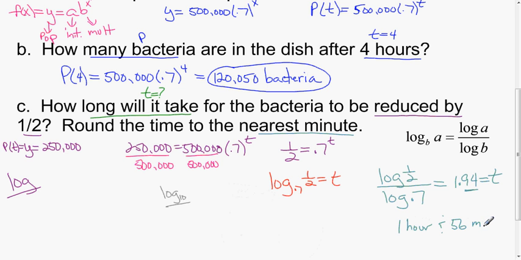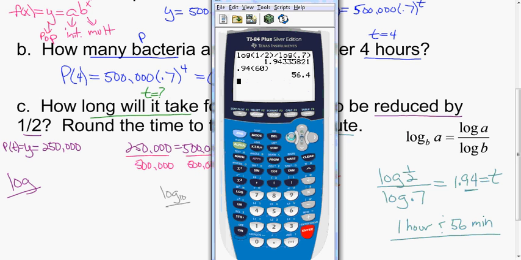And at this time, it should in fact create a population of 250,000. Now, if I wanted to check that, I could take the function and plug in 1.94 and see if in fact it gives me the appropriate population of 250,000. So I'll do that now, just freehand here.